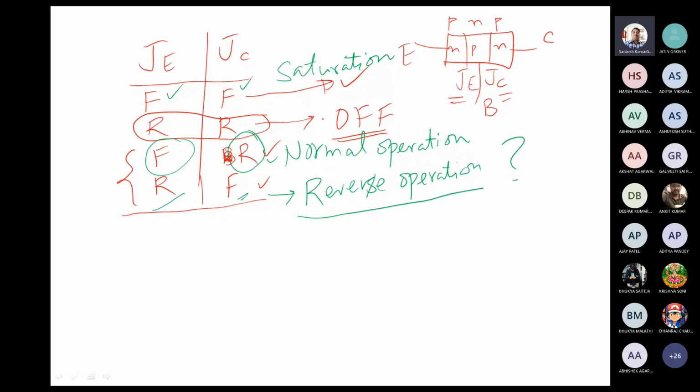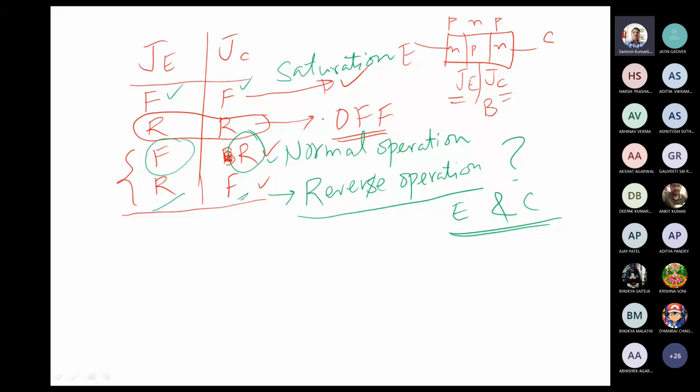As we have already discussed a little bit, the emitter and collector are not symmetric. Okay, so the behavior, or the characteristic, of this device in normal operation mode and reverse operation mode are not going to be symmetric as well. There will be some difference.